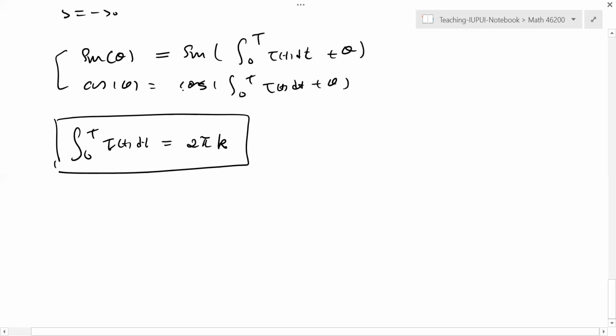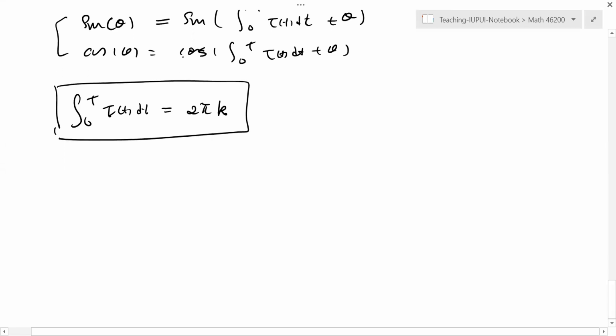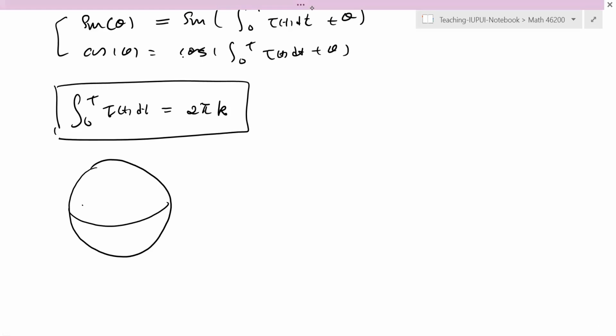Right? Now, what happens if it's a great circle? If it's a great circle, it's closed, right? The torsion is 0, so k is 0. Then if we deform the great circle a little bit, I think the torsion is still 0. Okay, so think about this here. Let me draw the closed curve.